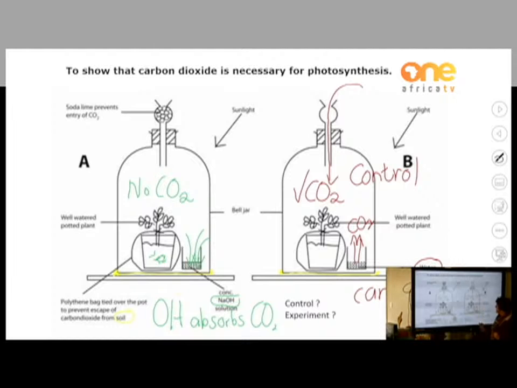And in this one, there's water, but I can also add a carbonate solution there that will release some carbon dioxide. This one is the control because it contains all the necessary factors. This one is the experiment because it has everything except the one under investigation. Good.